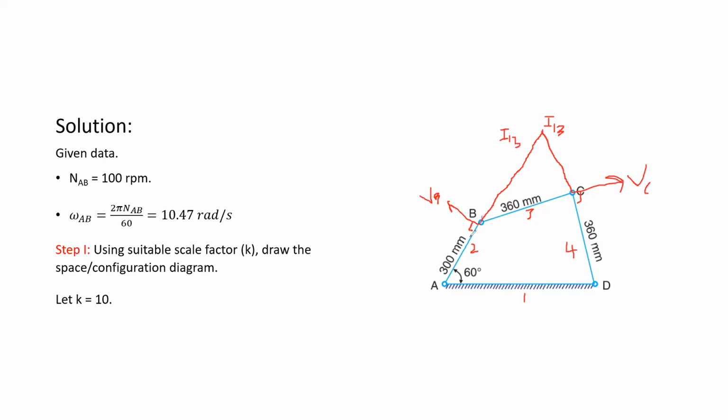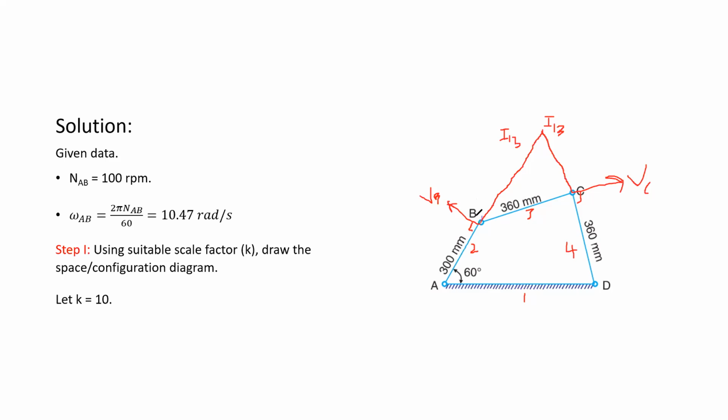Okay. Now what is the advantage here: point B is on link 2 and also on link 3, but its direction is fixed, that it is moving in this direction.